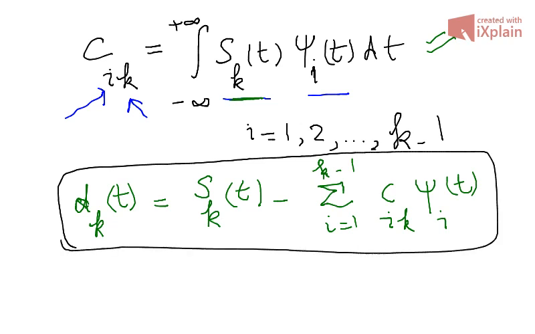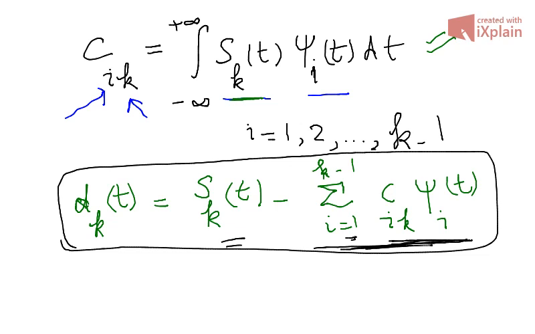Try to understand this expression. Cik psi i is the image of the kth signal over the ith basis function. So for i from 1 to k minus 1, you have to subtract all those projections from sk to find dk. This is a generalized expression for dk of t.